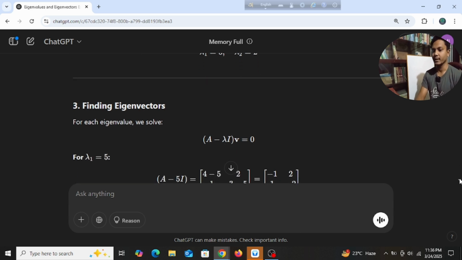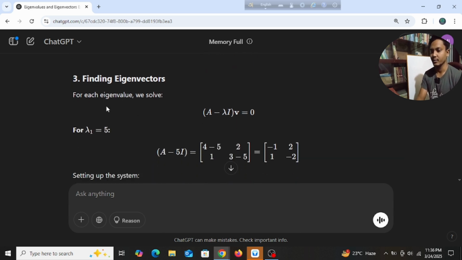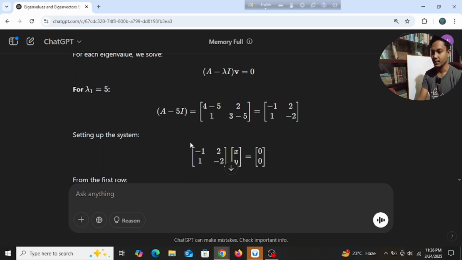So finding eigenvectors, for each eigenvalue we solve A minus lambda I times v equals 0. So A minus lambda means 5I, right? So you see here, 4 minus 5, 3 minus 5. So this is the system we get.